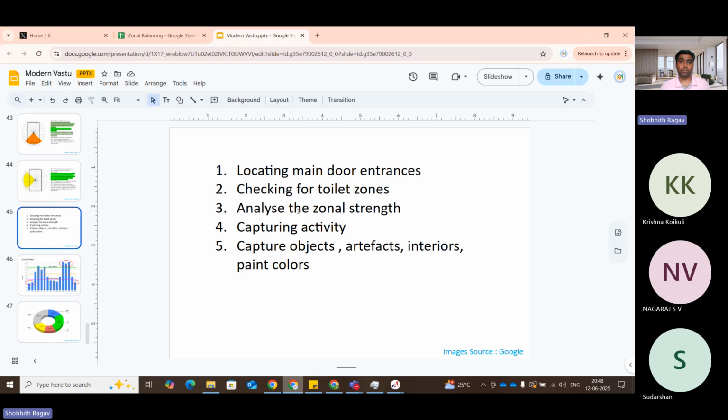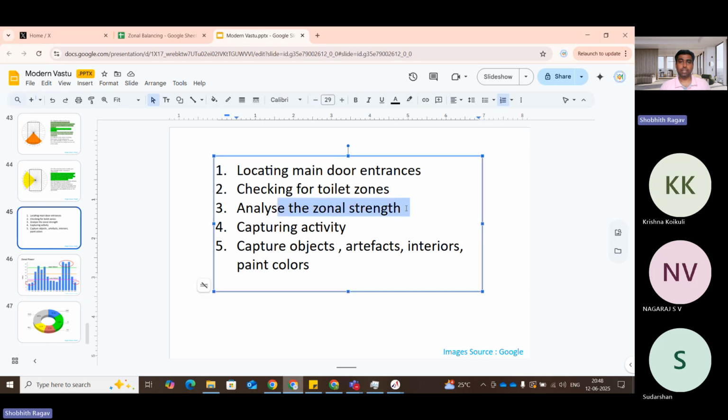So next, the zonal strength we have done, right? Then activity and objects we will try to cover in the next class. After that, I think one or two more sessions. Then remedies require at least three to four classes. Now we are in the fifth class. In the sixth class, I think we will finish capturing activities and how to map the objects.